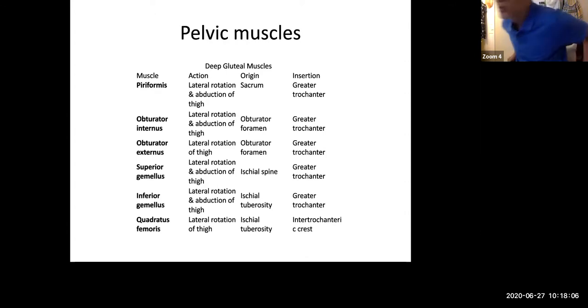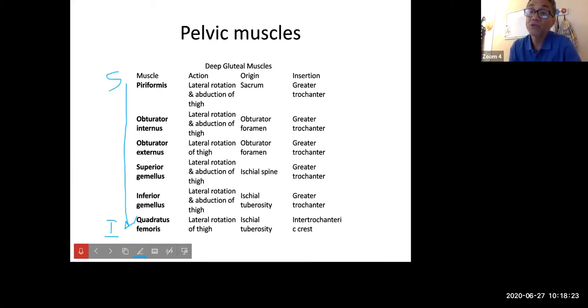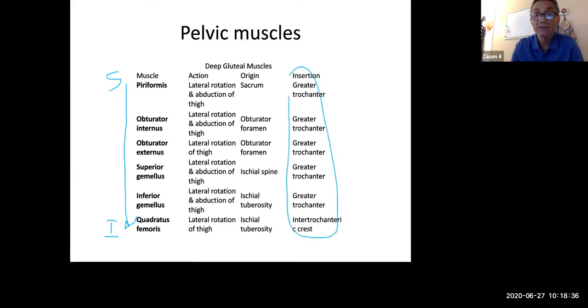So remember, those muscles are covered by your gluteus, and they are in direction from superior to inferior. If you remember them in this sequence, it will be best for you to memorize them, and you can point to all of them in your imaging. Now, notably, look where all of them end. The trochanter.